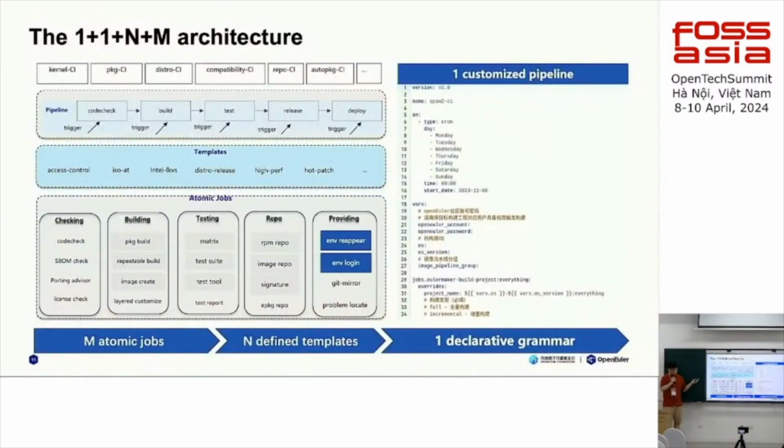So this is the architecture of the EulerPipeline. It is 1 plus 1 plus n plus m.